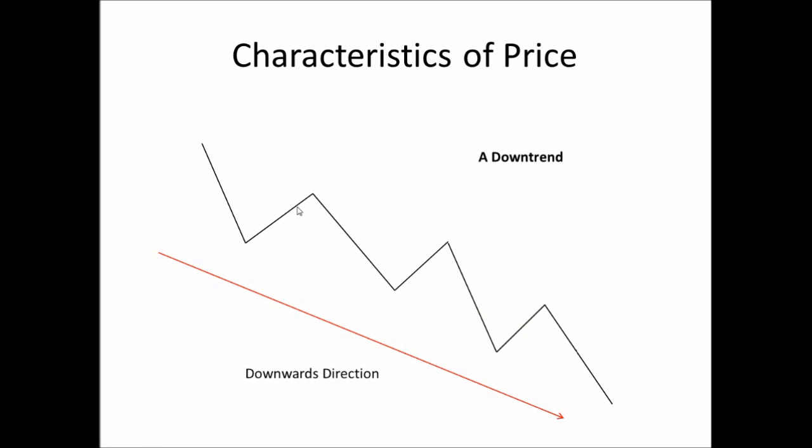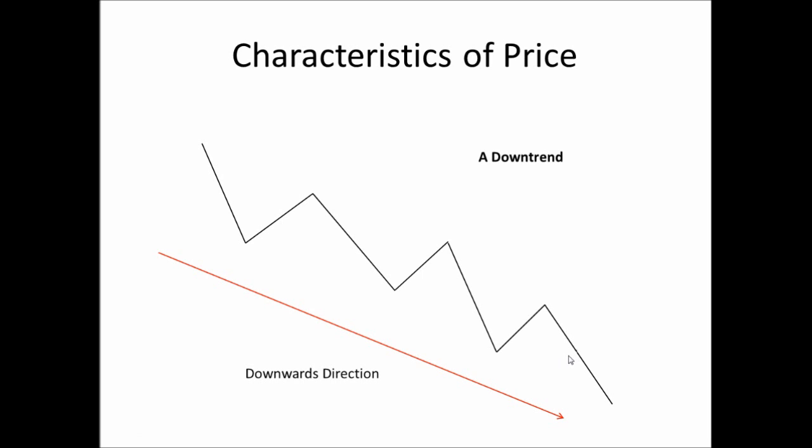When price moves in a general downwards direction, price can once again create this stepping or pyramid formation in financial markets, but this time the general direction is down. Price repeatedly moves up and down, but the general direction of price is downwards. This is referred to as a downtrend.